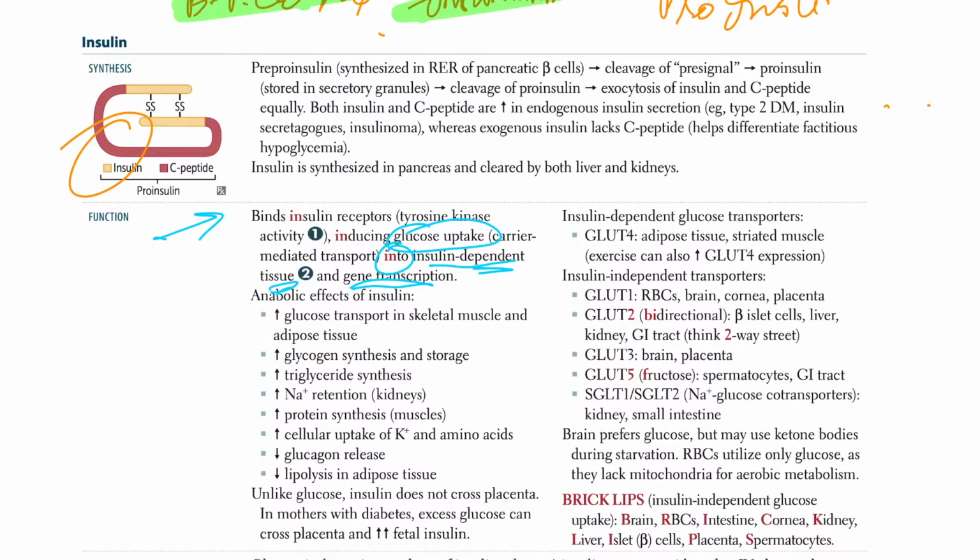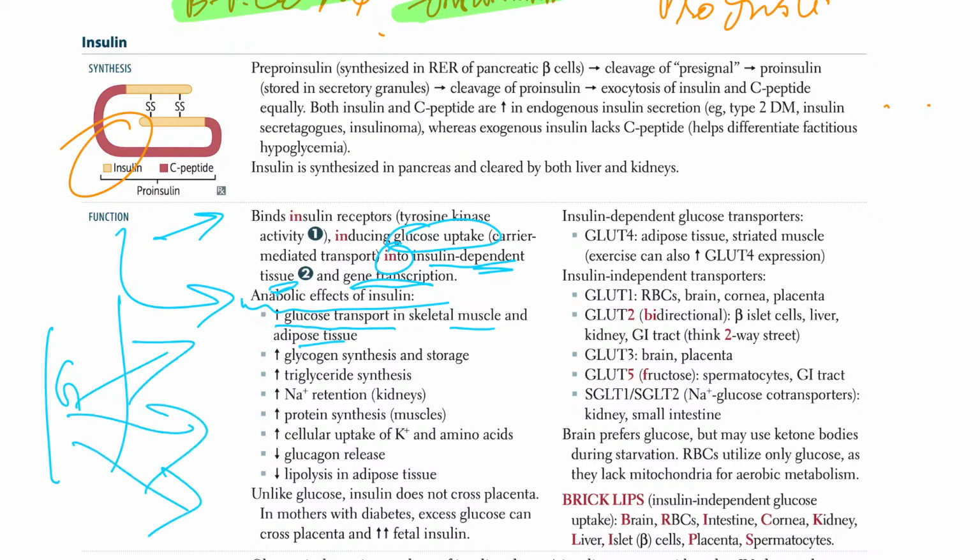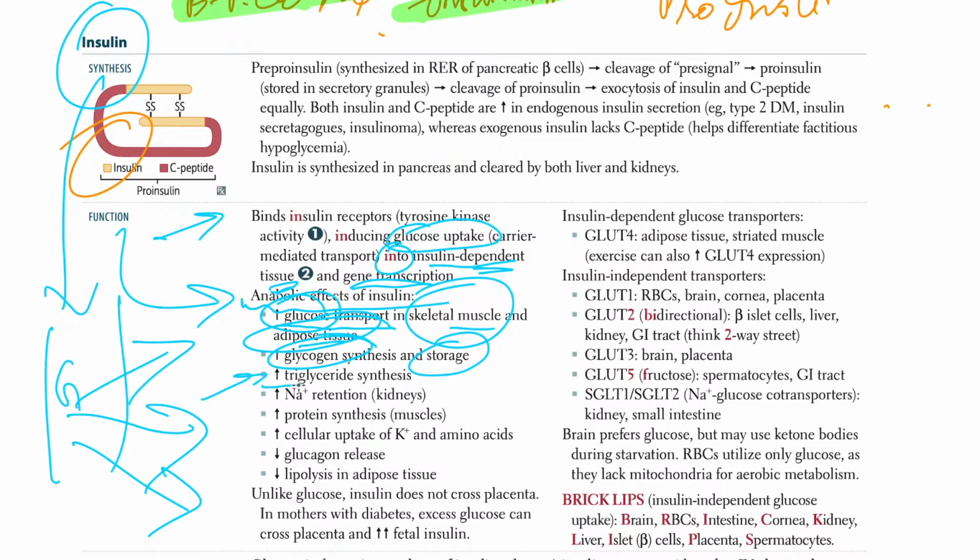Okay, insulin is an anabolic hormone, causes anabolic effects. So you have increased glucose transport in skeletal muscles and adipose tissues. The main thing is you're trying to take all the glucose from the blood and send it into tissues. The insulin doesn't want glucose to be there. So it causes increased glucose into skeletal muscles and adipose tissue, causing an increase in glycogen synthesis and its storage, and an increase in triglyceride synthesis.